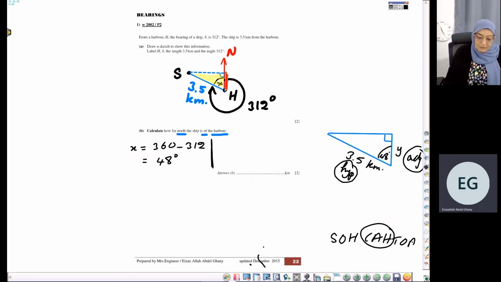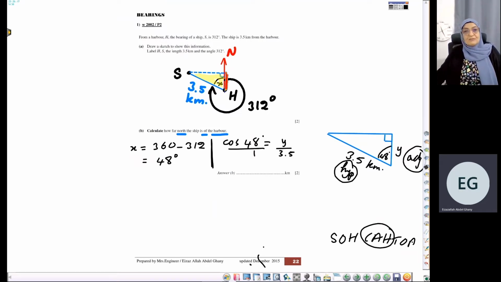Now let's divide the paper into 2 and write here cosine 48 degrees equals adjacent, which is Y, over hypotenuse, which is 3.5. Now fraction equals fraction, then cross multiplication. Cross multiply and calculate it.